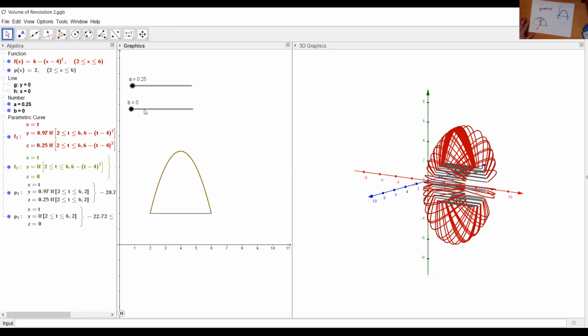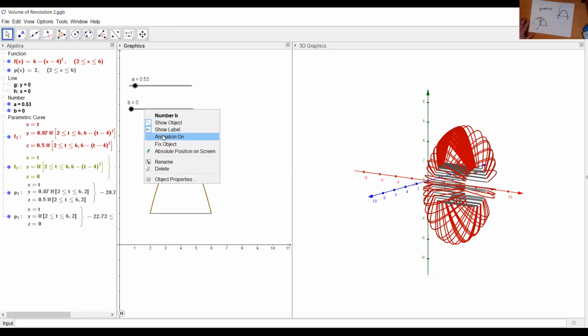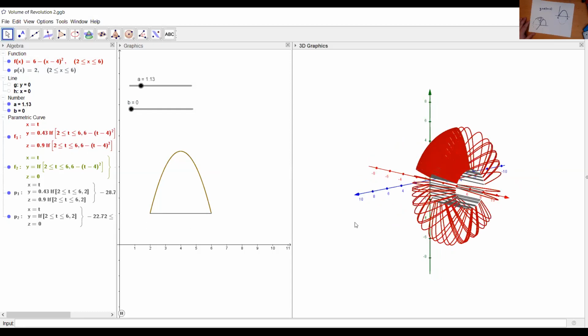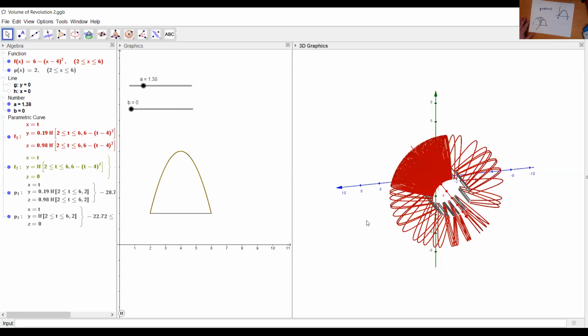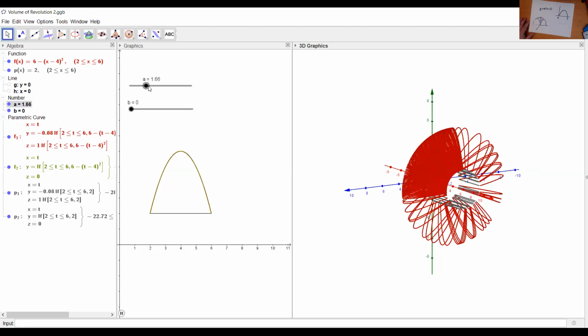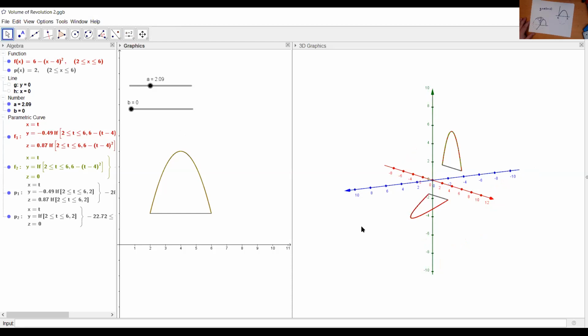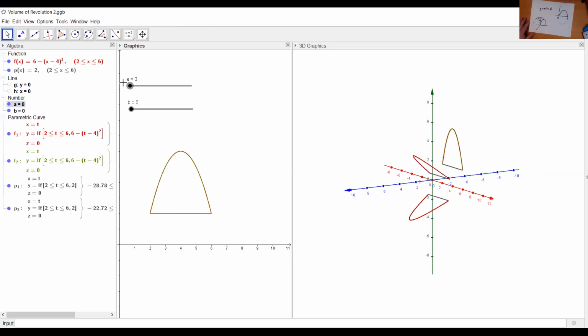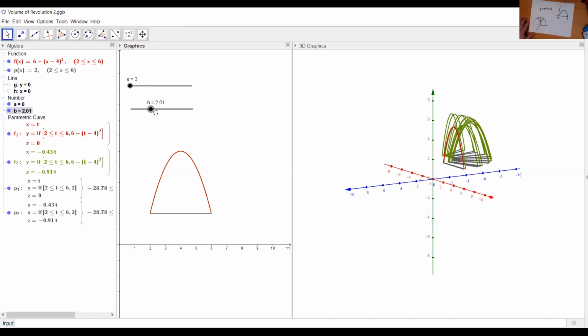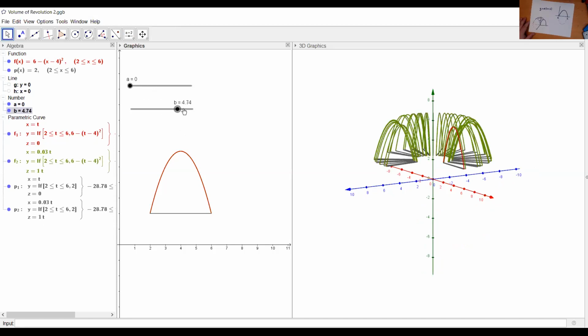But if we were to spin it around the y-axis, what does that look like?